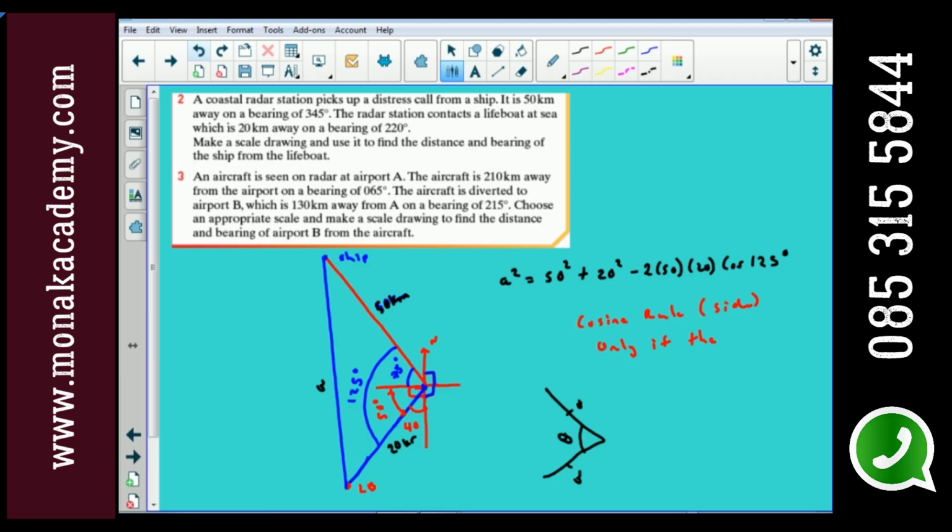So cosine rule for a side only works if the two given sides form the given angle and the required side is opposite the angle.